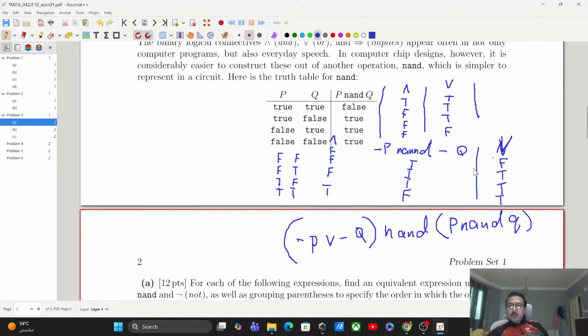And true and true, which is here, is false. True and true is false.